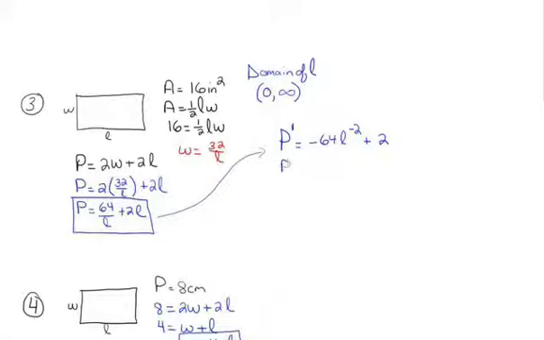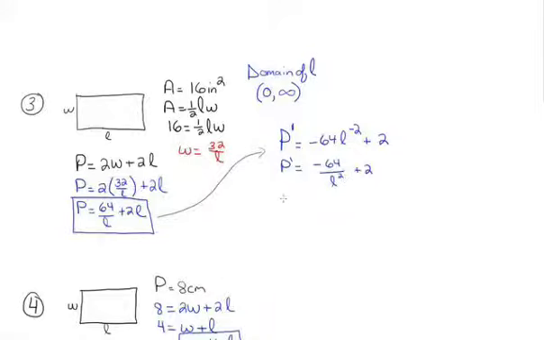And let's just rewrite that. The derivative is negative 64 over L squared plus 2. So now I want to know when this equals 0, when it's undefined. Clearly L can't be 0, but once again we were already aware of that issue.